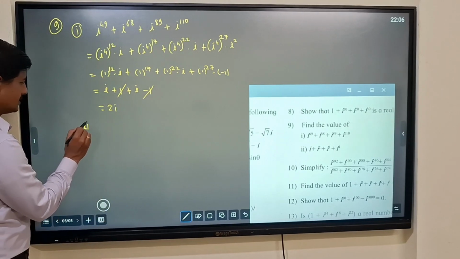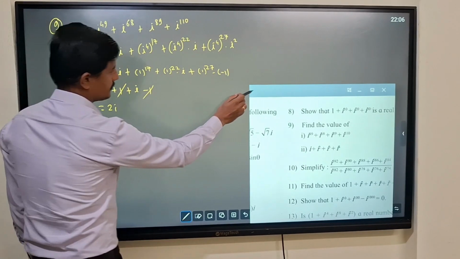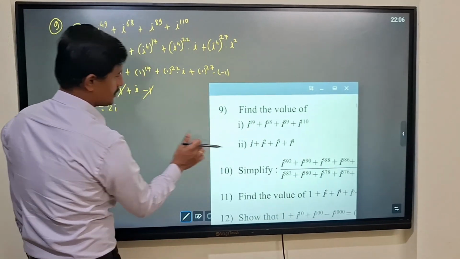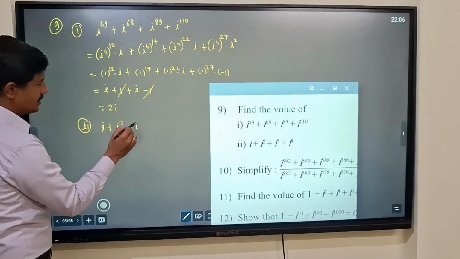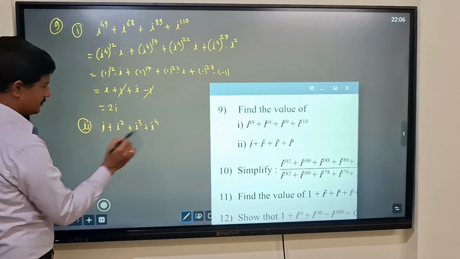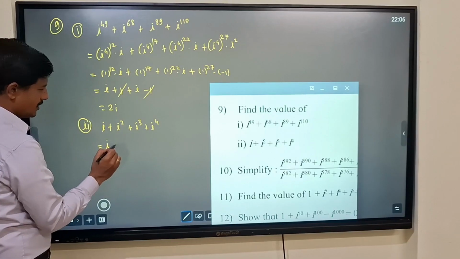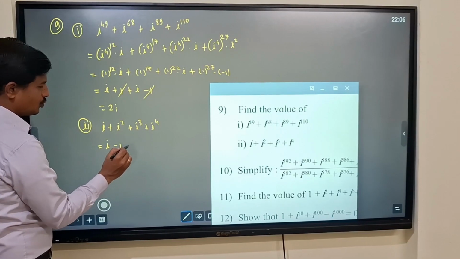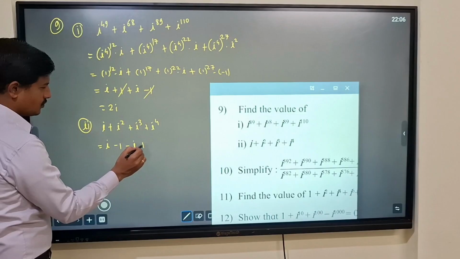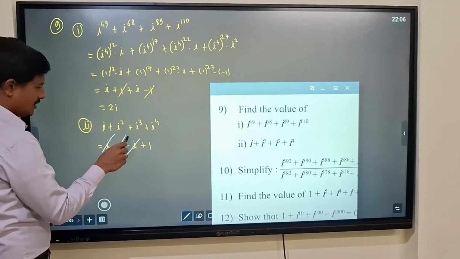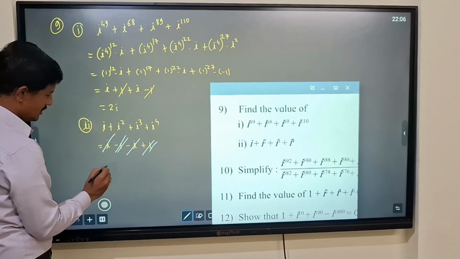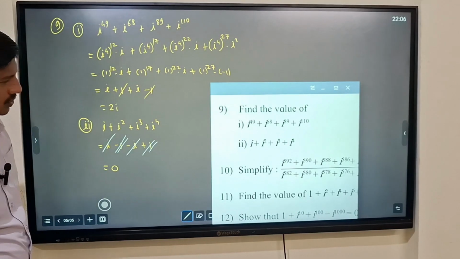And in that, the second question is i plus i square plus i cube plus i raised to 4. i is simply i, i square is -1, i cube is -i, i raised to 4 is 1. So i and -i cancel, -1 and 1 cancel. The answer is simply 0.